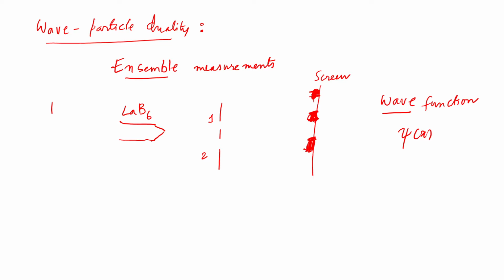That when you do an ensemble measurement, there are different probabilities for an electron or a photon to be found in different places. So that said, because this wave function is probabilistic, we can now look at de Broglie wave particle duality, that when you do ensemble measurements, they can behave like waves.